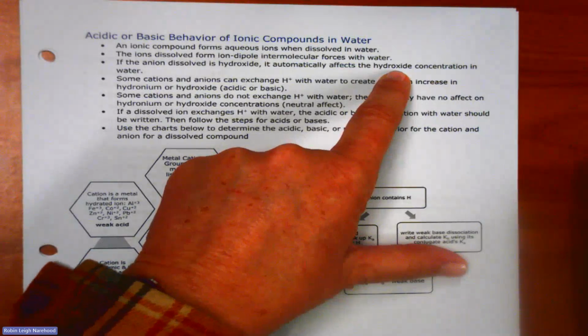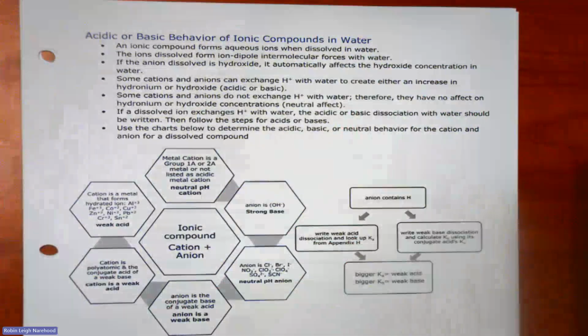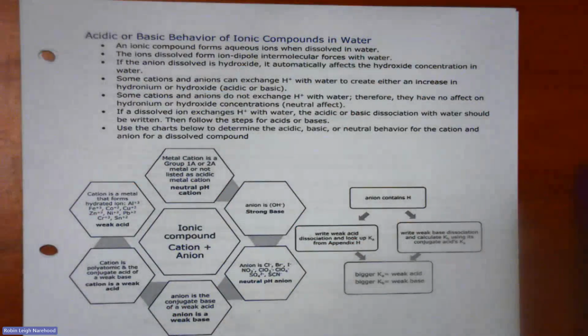So any metal hydroxide, which was one of the types of bases that we went over last semester, if you choose any metal hydroxide and figure out either how much dissolved, or if it's a solubility thing, how much hydroxide forms, then those automatically are going to affect the hydroxide and hydronium concentrations, which will make the pH go up because it's going to be a base.